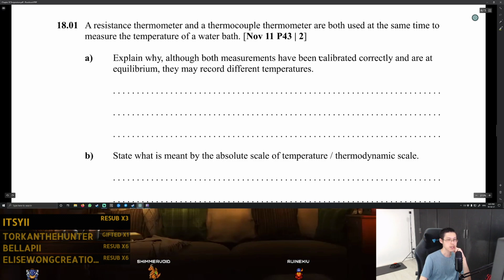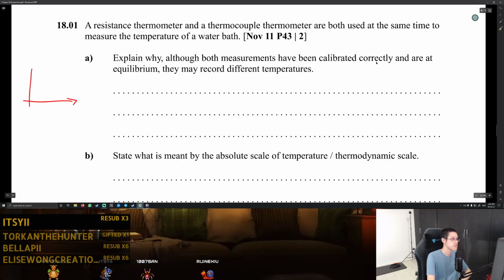Just because they have been calibrated correctly, it doesn't mean that the temperatures are accurate, because the resistance and the temperature are not linearly proportional, right? Remember, this is the resistance, this is the temperature. It kind of looks like a 1/x graph.